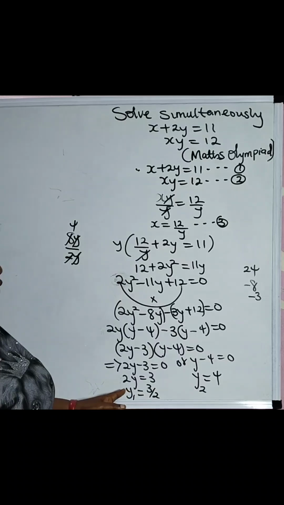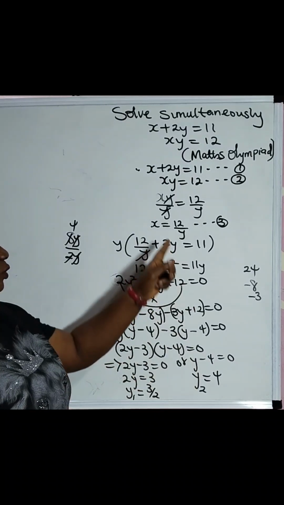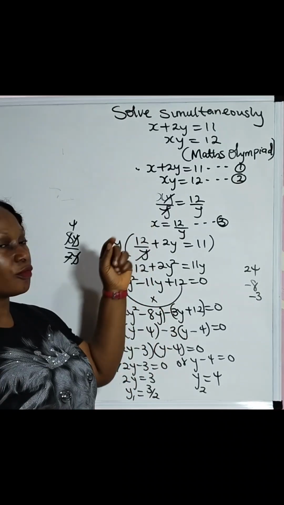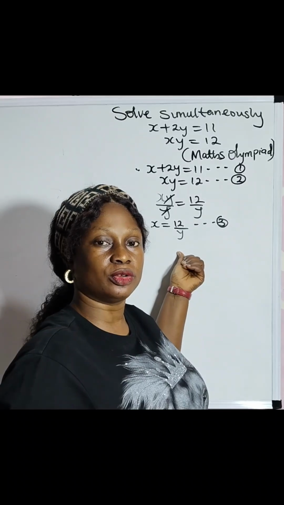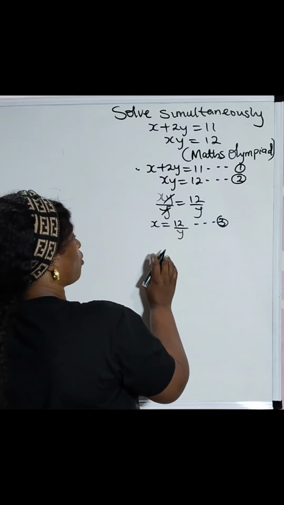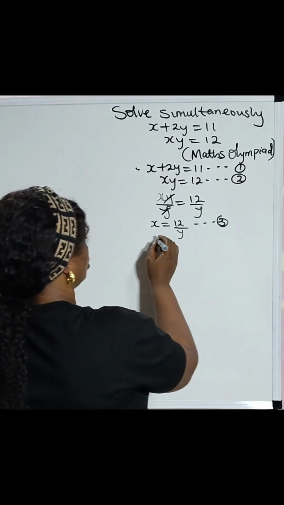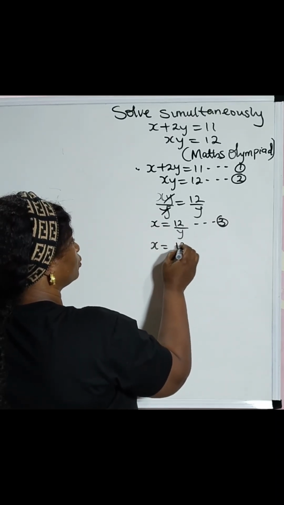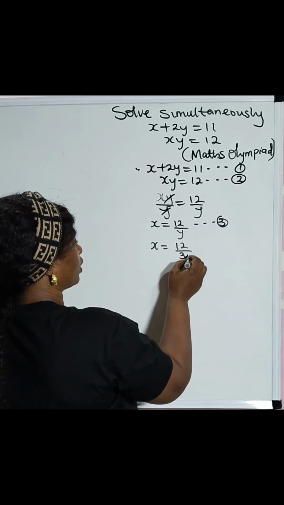We are going to substitute these values of y in equation 3 so that we can have the value of x. Now our y1 is 3 over 2. We have that x is equal to 12 over 3 over 2.